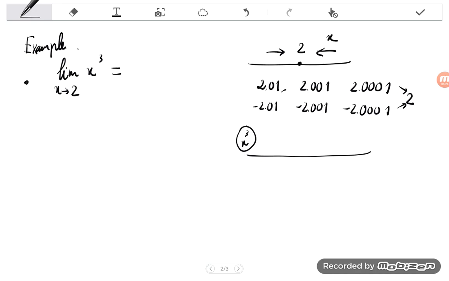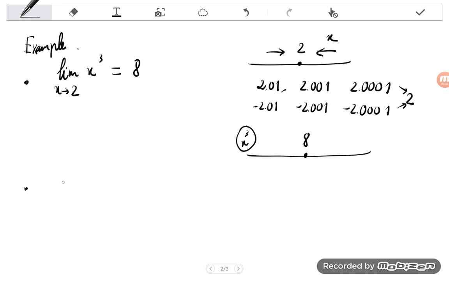We can conclude that when x gets closer and closer to 2, x cubed will get arbitrarily close to 8. So the limit here is 8.